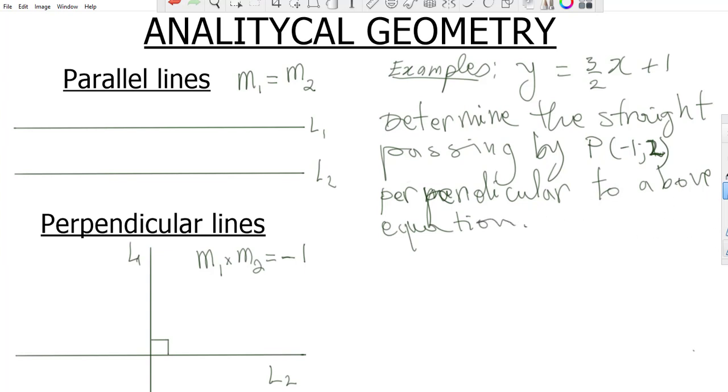Okay, now let me do this, a straight line y equal to 2.